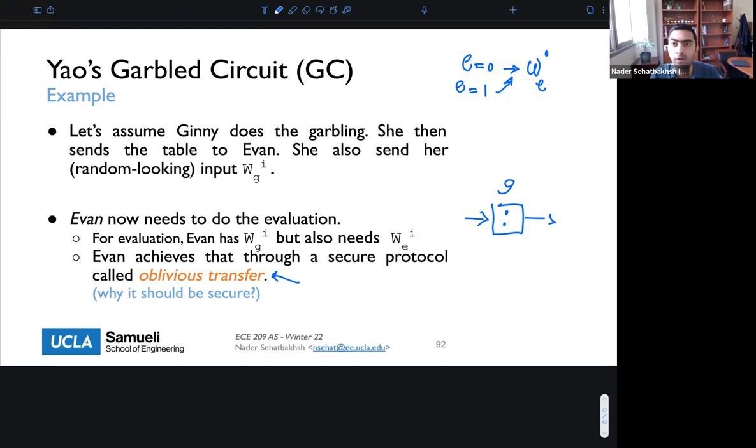It's kind of like Eve goes to the room and can only pick up one of the two balls that are inside, for example, a box or something. But again, Eve cannot take both, and Genie cannot know which one Eve has taken, right? So this is the key component in garbled circuits, which we call oblivious transfer.